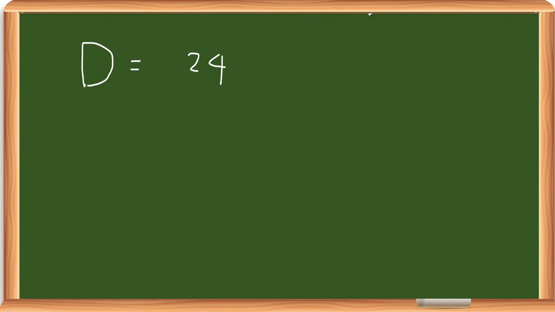What did you notice? About 24, describe the number. Ma'am, positive non-perfect square po. Positive non-perfect square number. Thank you, Iho. So, if your discriminant is a positive non-perfect square number, it is not a perfect square number.